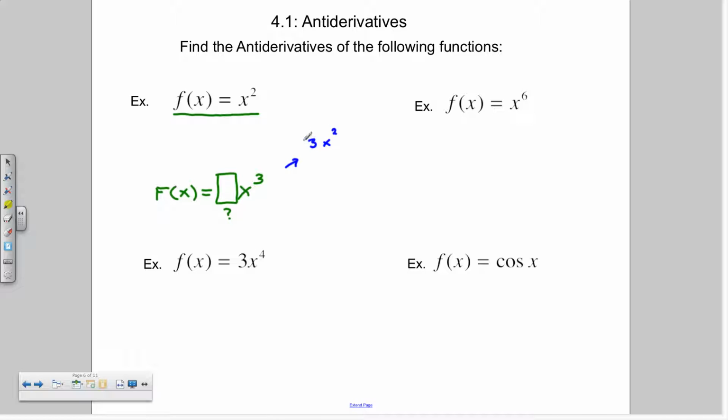So I don't really want that 3 to be there in the end. So I need to construct a number right here that would make that 3 cancel out. And that's why the number that we would put in front of this x cubed is 1/3. The 3 would come down in front, and 3 times 1/3 is just 1. And then the power reduces and becomes a square. Okay. And then always remember, antiderivatives always have a plus c at the end, because this could be any number.